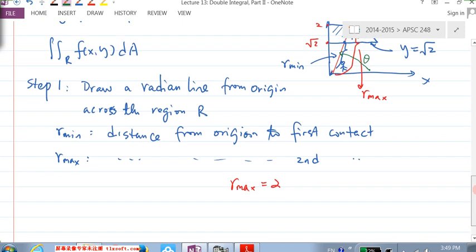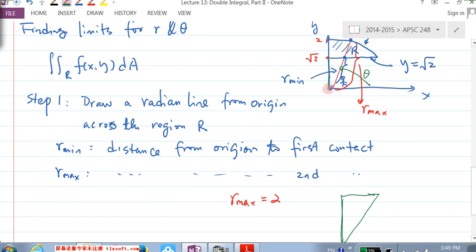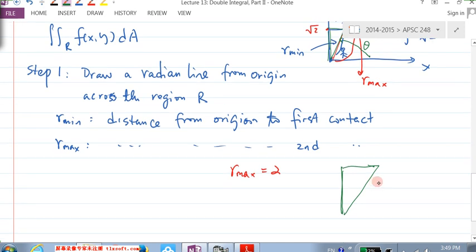Now I'm going to blow that up a bit. I'm looking at this triangle here. This side of the triangle is r min, which is what we're looking for.